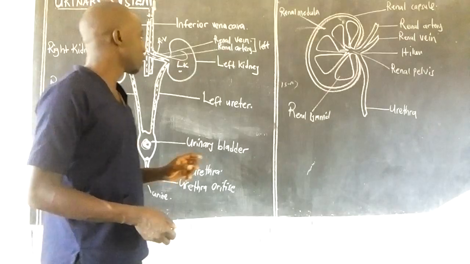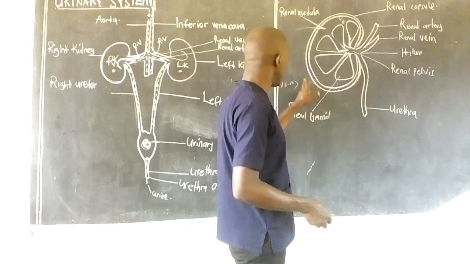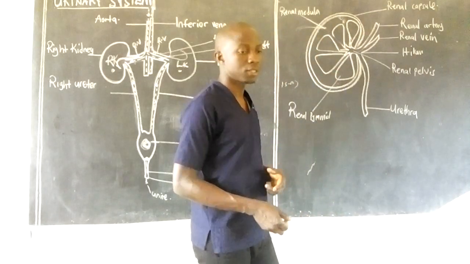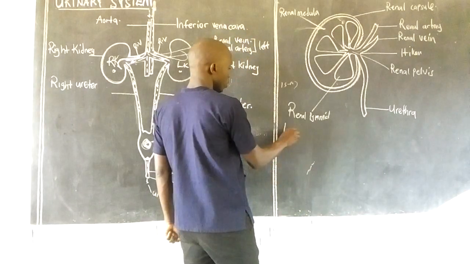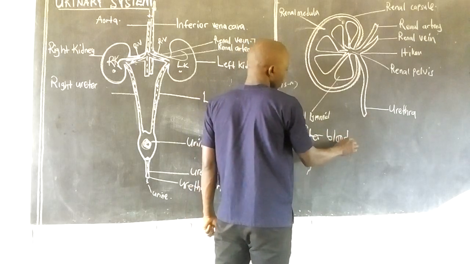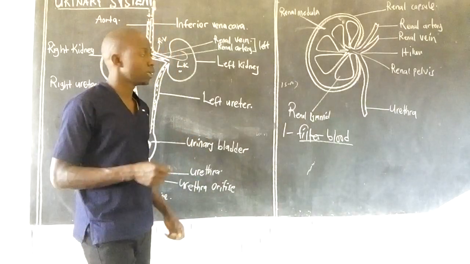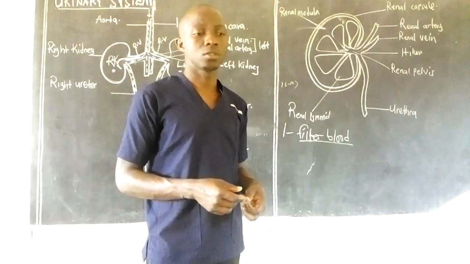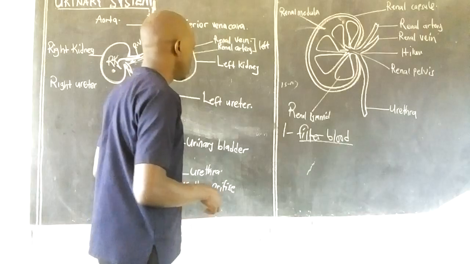And the kidney, like we have already said, is a bean-shaped organ of the urinary system, whose one of the functions is to filter blood. How do the kidneys filter blood? Within the kidneys, there are functional units called the nephron.